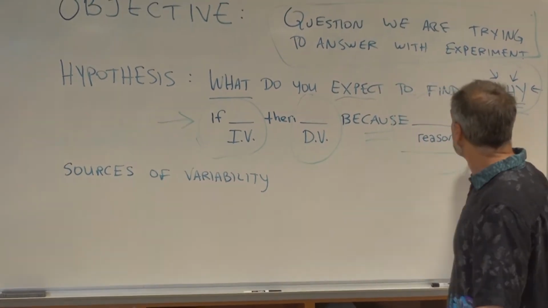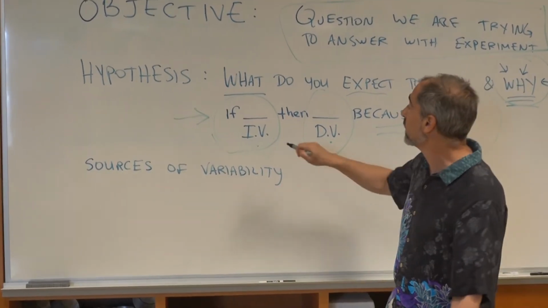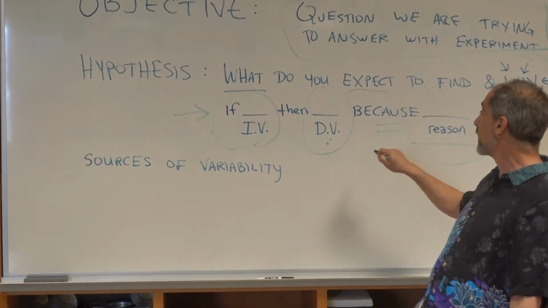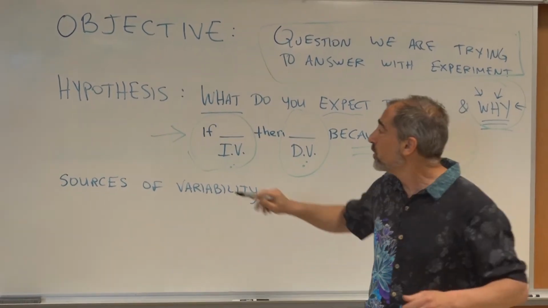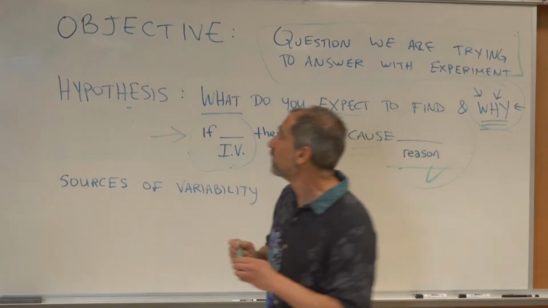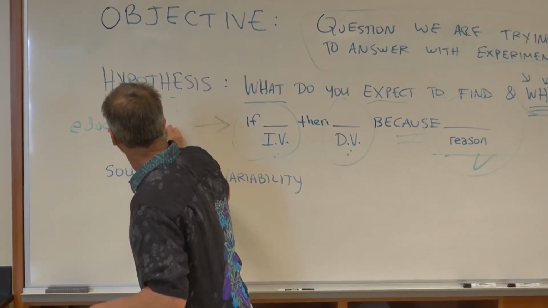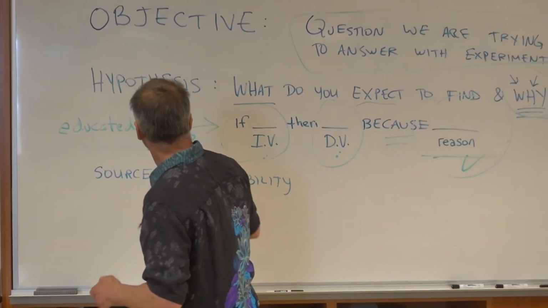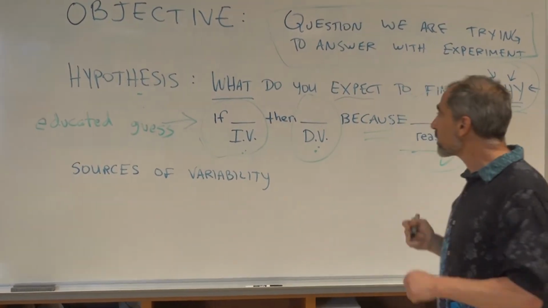You've got to have a reason. You can't just say, more coffee, better scores on your exam. You've got to say, more coffee, better scores on your exam, because, and again, you don't have to be right. The hypothesis is a guess, but it has to be an educated guess. You can't just pull it out of the air.